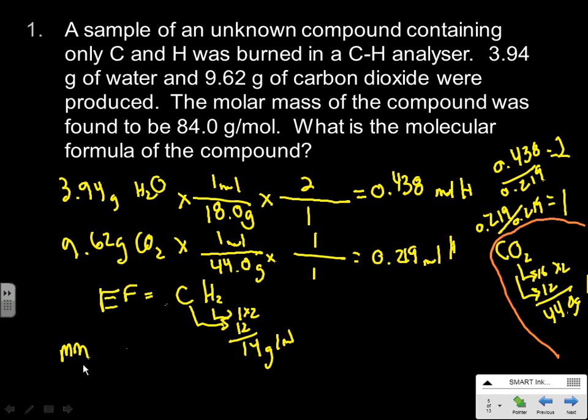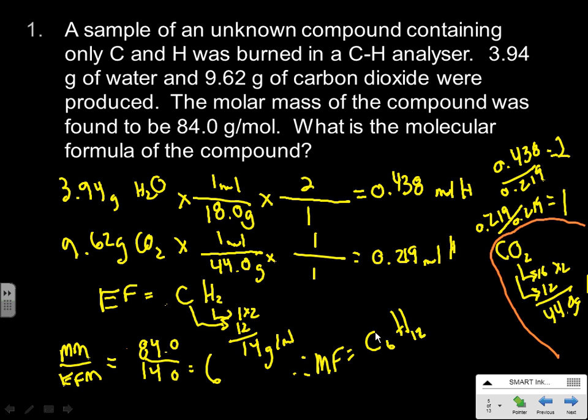Molar mass divided by the empirical formula mass, 84 over 14, is 6 of them. Therefore, the molecular formula is 6 of those units, C6H12.